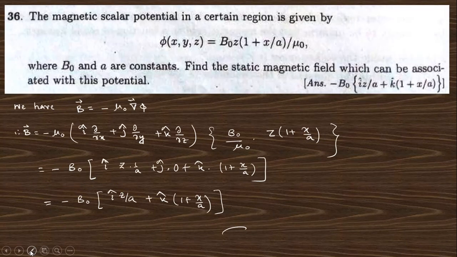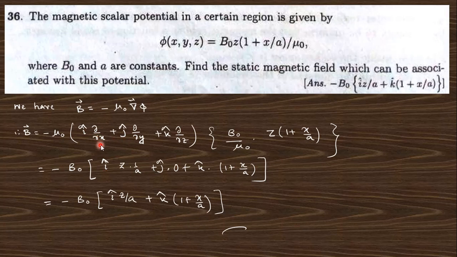The magnetic scalar potential is like that. Find the static magnetic field that can be associated with this potential. You know the relation between the magnetic field and the scalar potential like that. So you simply need to find the gradient of phi, right? So this is grad of phi. You can see this is a constant part, and mu 0 cancels out.